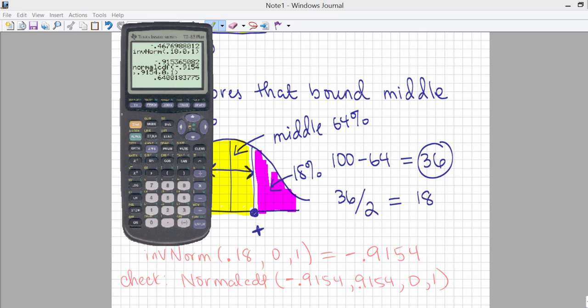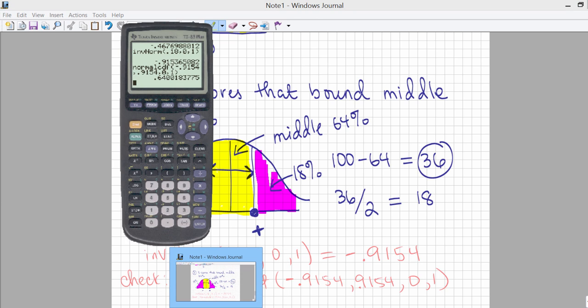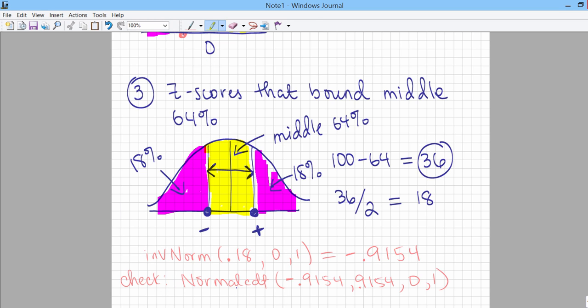It is 64%. Of course it's a little off here because you rounded your numbers to begin with. So the more accurately you plug them in, the more accurate result you're going to get for your normal CDF answer. But this gives you an idea, oh yeah, I did it right. So that's a good way to check if you found your z-scores correctly.